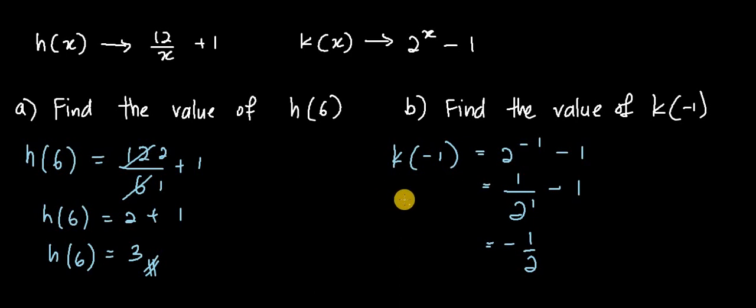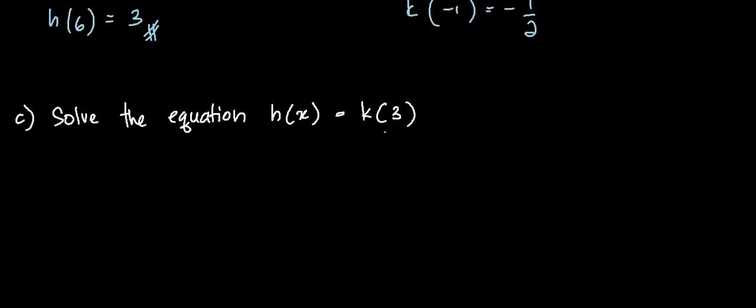This would be your final answer for k(negative 1). So for A and B it is pretty simple; I am just substituting the values of this number inside this equation. Now for C, solve the equation where h(x) equals k(3).